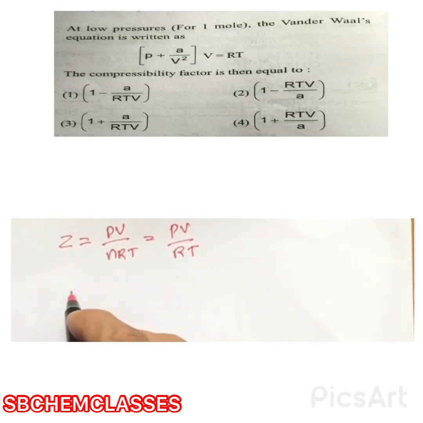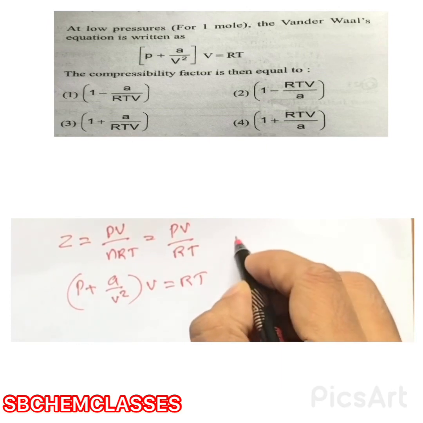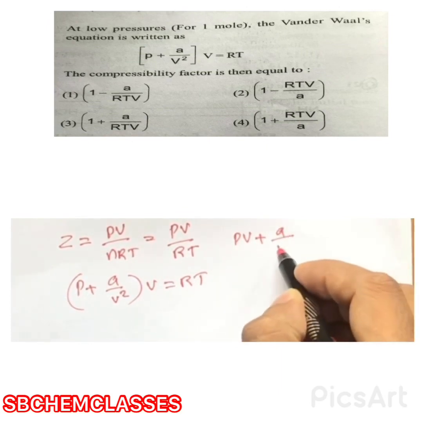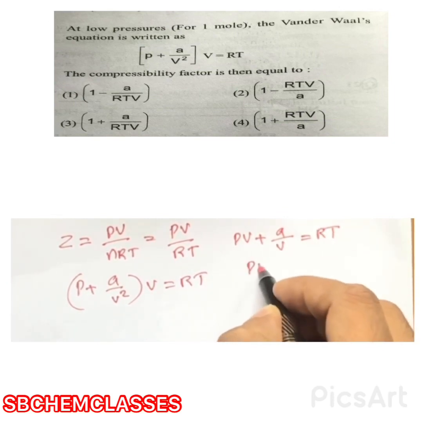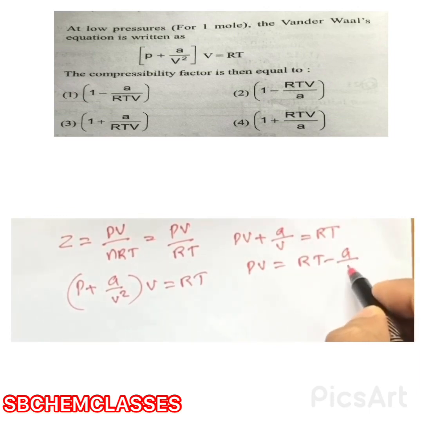At very low pressure, we have the equation (P + a/V²)V = RT. I am arranging the equation as PV + a/V = RT, PV = RT − a/V.